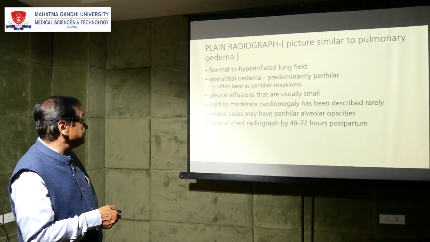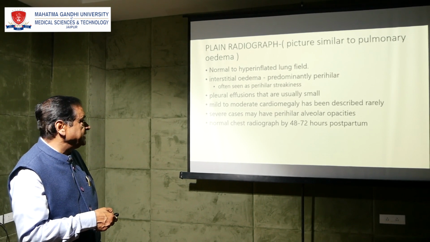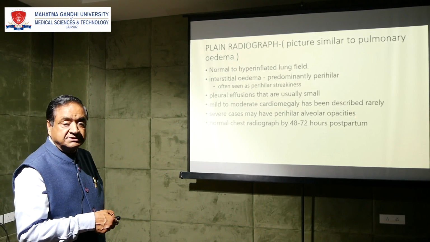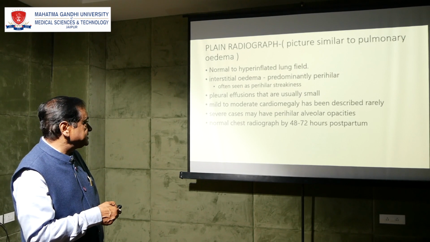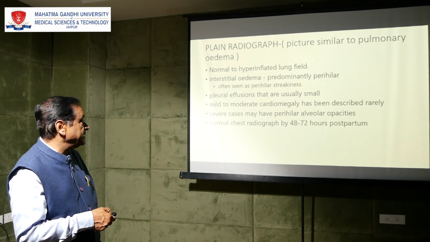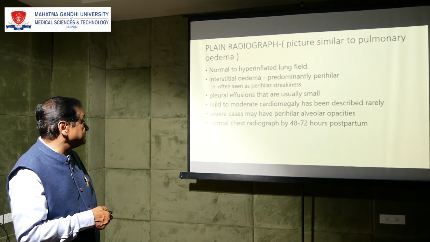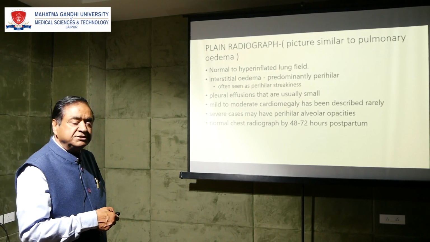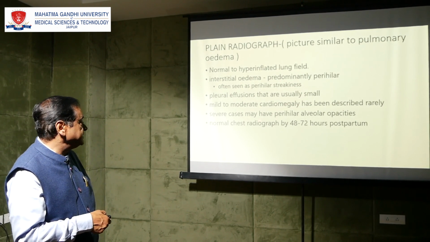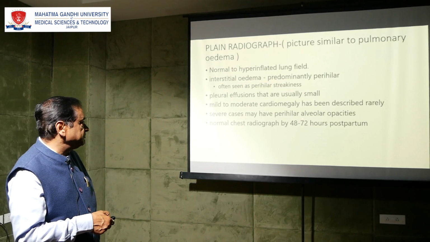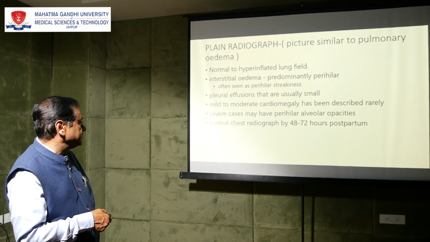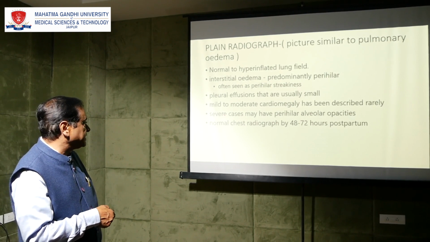Further, if the fluid is more, a perihilar alveolar opacity is seen. That is the alveolar edema. Interstitial edema, then alveolar edema, then the pleural effusion, and sometimes fluid is seen in the fissure also. And generally after 48 to 72 hours of delivery, the chest becomes normal.